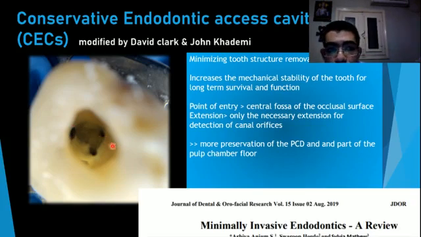There is no unnecessary extension. There's no straight line access as in the conventional one. There is only accessibility for the canal orifices. This is for some conservation of the pericervical dentin, and of course for conservation of some of the pulp chamber roof.